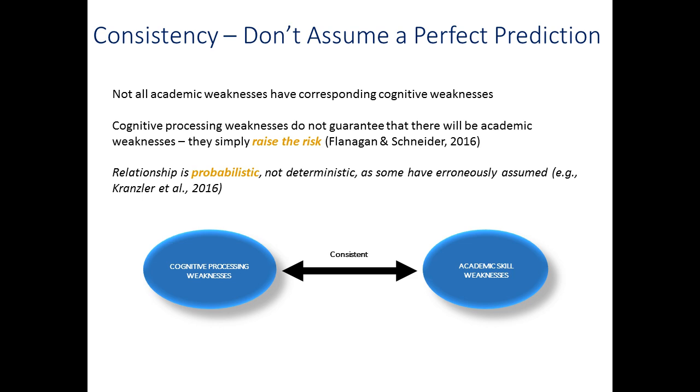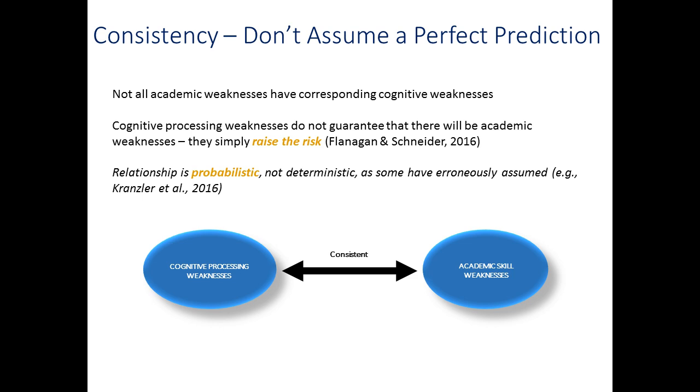Now, there's been some research. There was a study published recently by Kranzler and colleagues, and it was a study that talked about XBA, but it really wasn't XBA. It was the BDC model. It was not operationalized correctly in this study, but that's actually not the point.